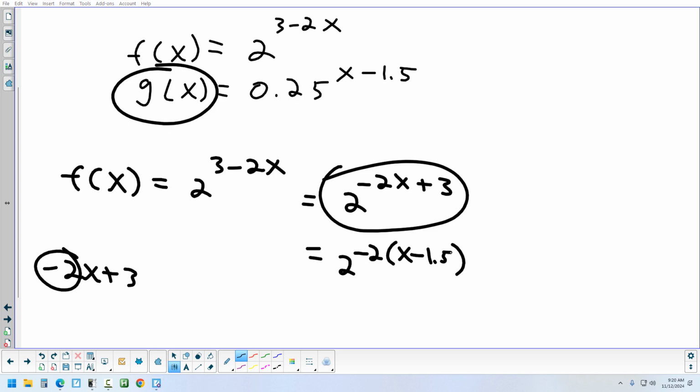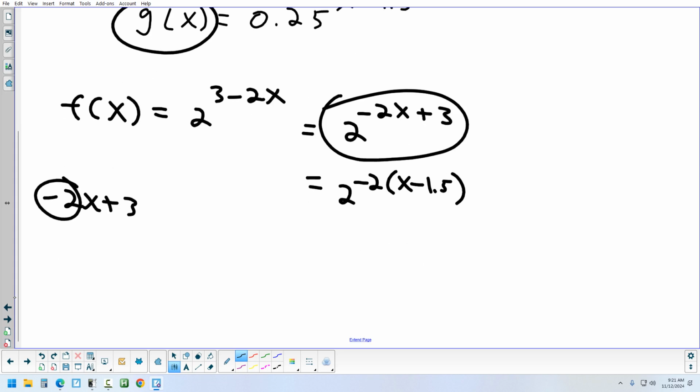Because if you distribute the -2 back out, you get -2x plus 3. And we got a minus 1.5, which is something else we were supposed to have. So just by trying to make the coefficient of the x match, we automatically get the other number to match. Okay, now what can we do with that?